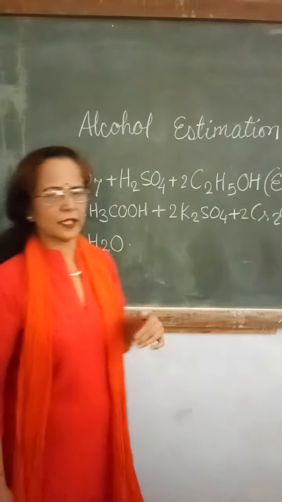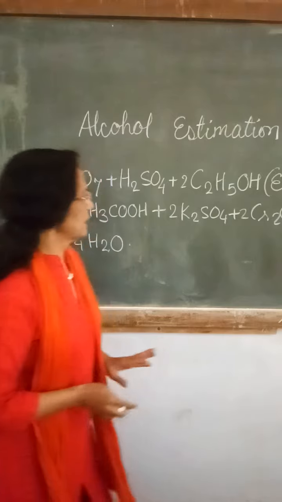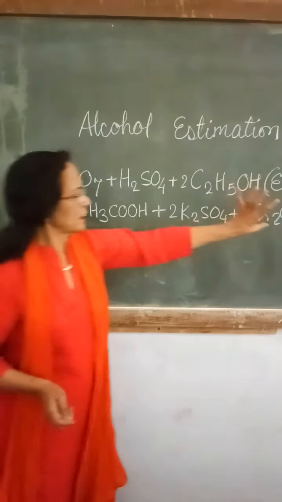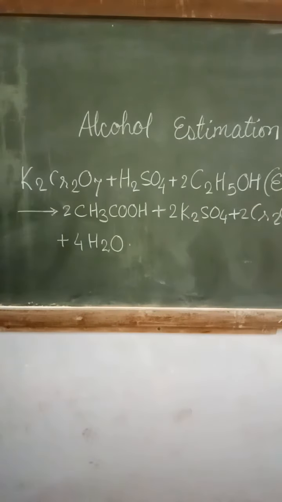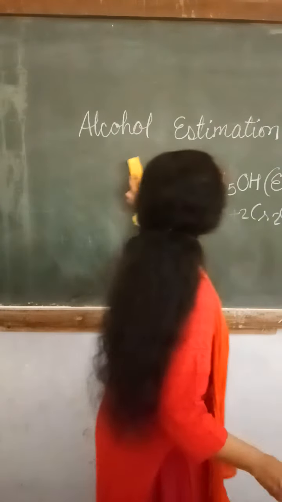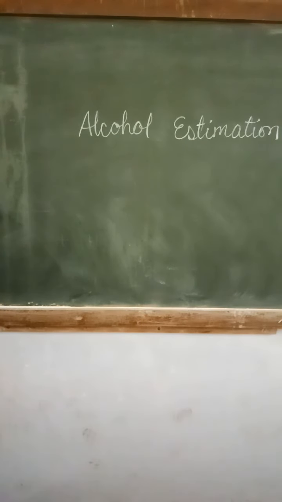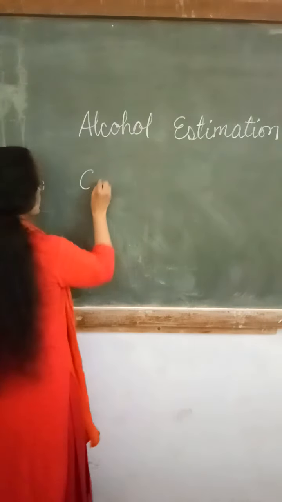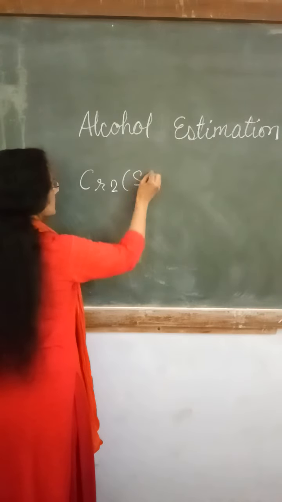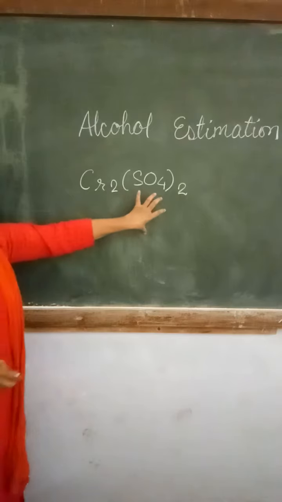Actually, what are the end products when we are doing estimation of alcohol? Now try to concentrate on the third end product, as we are learning the mechanism or principle of the method. That is Cr2(SO4)3.